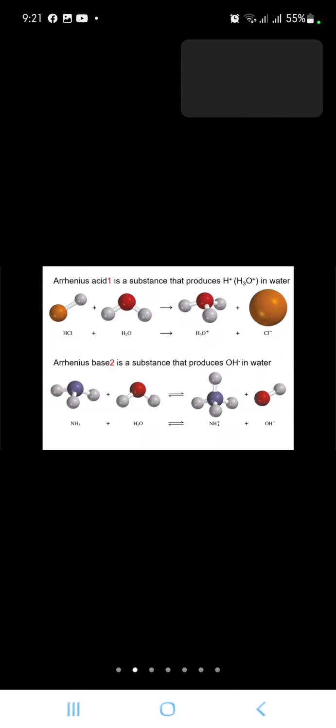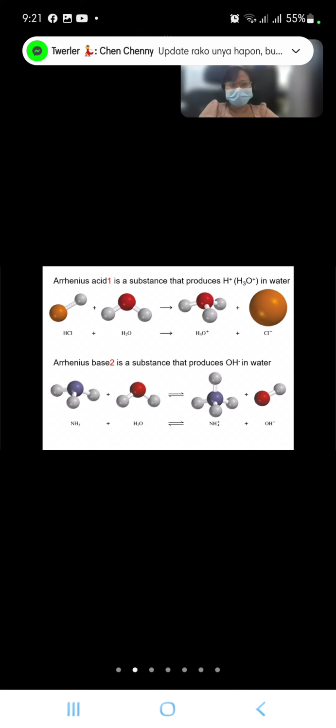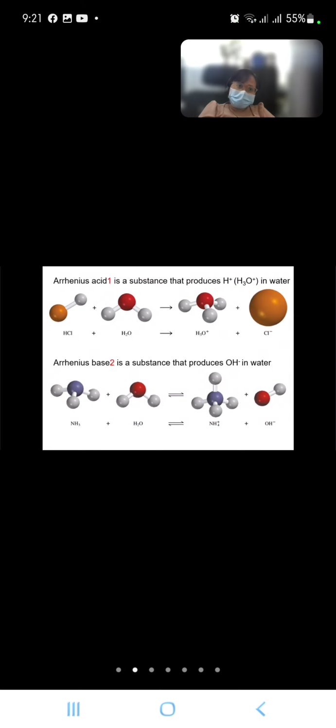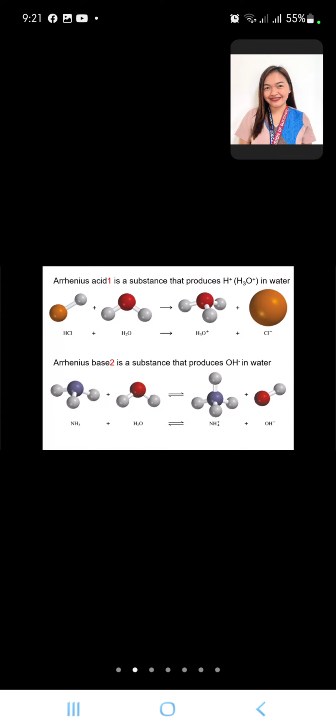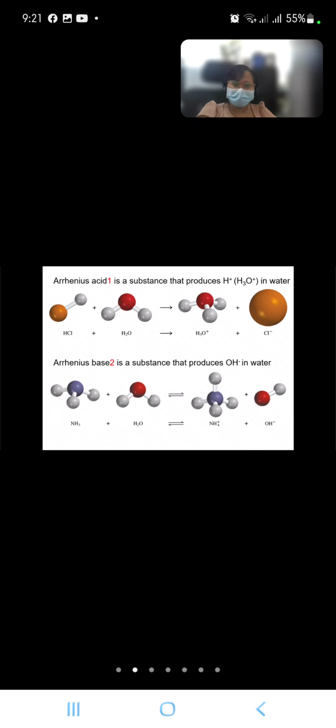So let us know first the definition of acid given by Arrhenius, Svante Arrhenius. According to Arrhenius, an acid is a substance that produces hydrogen ion or hydronium ion in water. First, the definition of Svante Arrhenius of an acid.